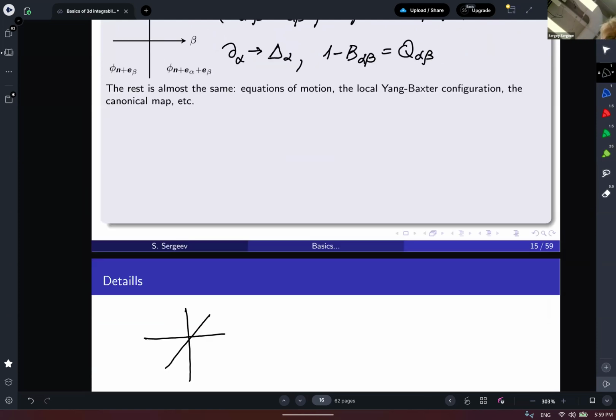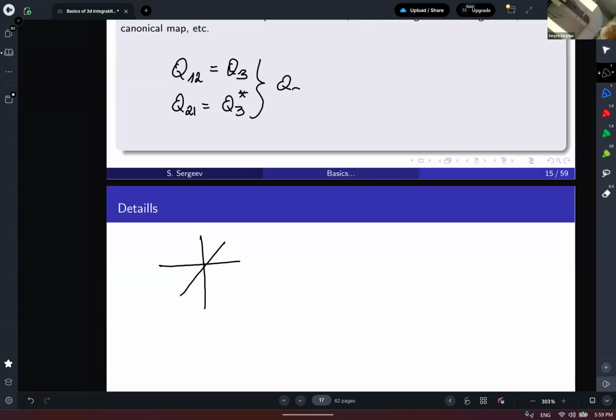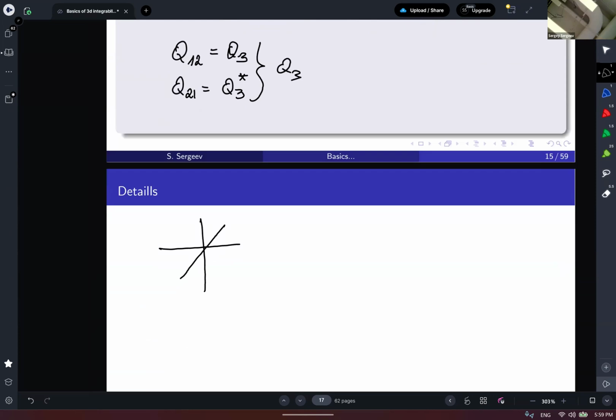As before, a very good idea is to use Q12 equals Q3, and Q21 is Q3 star. And altogether it's just Q3. So as before, Q variables live on edges.